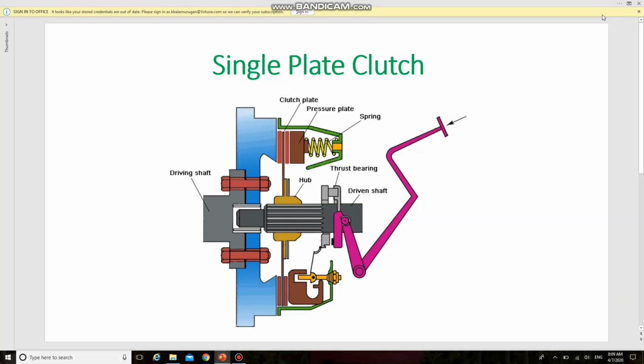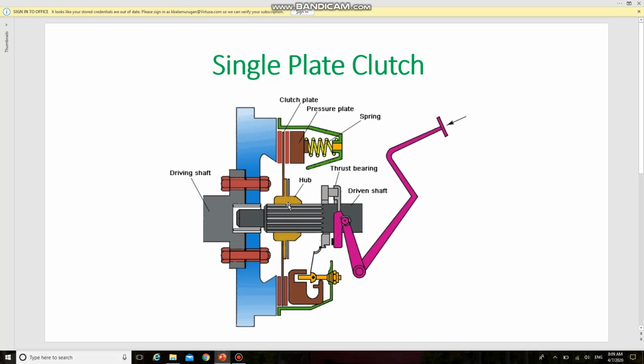Okay, single plate clutch. So this is the constructional view of a single plate clutch. It is a type of friction clutch, as it has friction plates, in which the power is transmitted from the driving shaft, that is from a flywheel, to the driven shaft by means of friction between the contact surfaces, usually called clutch plates.